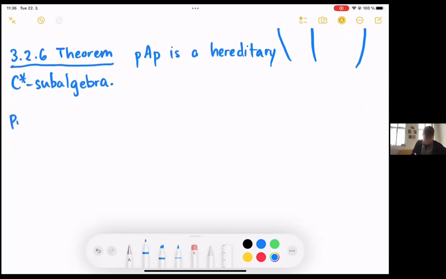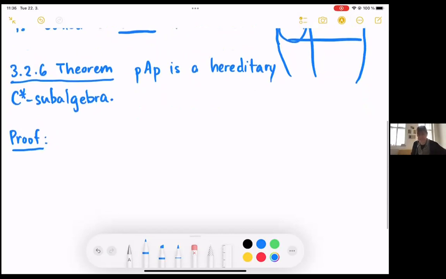Okay, so how do we prove this? Well, the first thing to check is that it's actually a C-star subalgebra, and that's not too difficult.